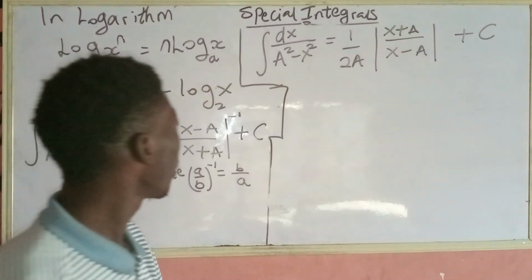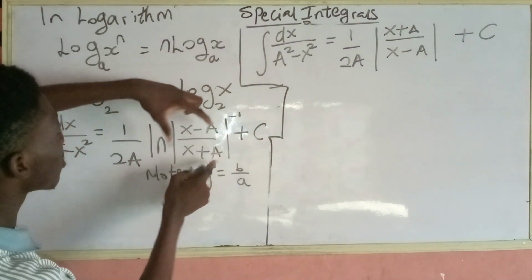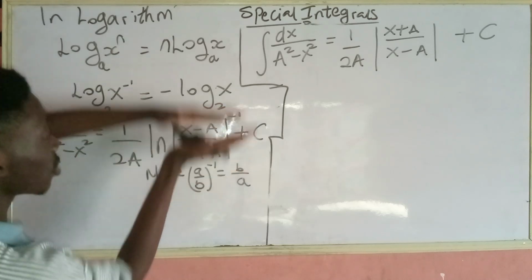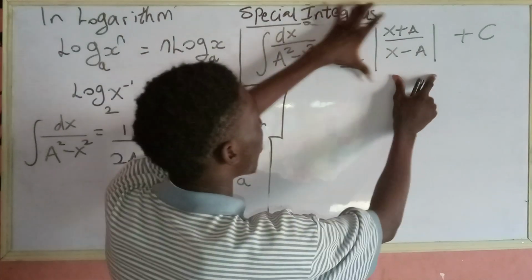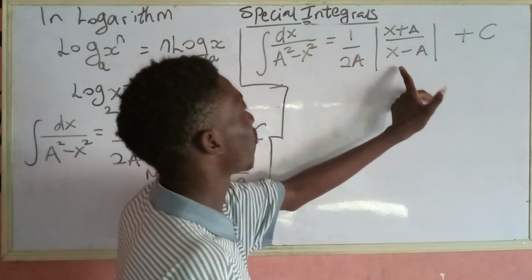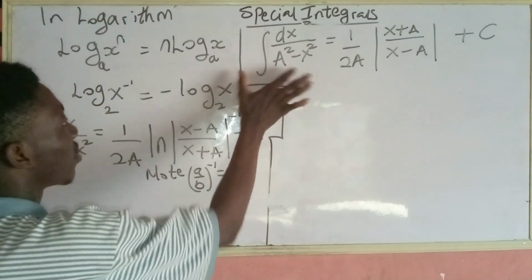So what did I do here? You can see I have a minus 1 here. So this minus 1 is a power. It translates the denominator to the numerator, and the numerator comes down. So that is what happens here. So you have x plus a over x minus a, which is the right form of this.